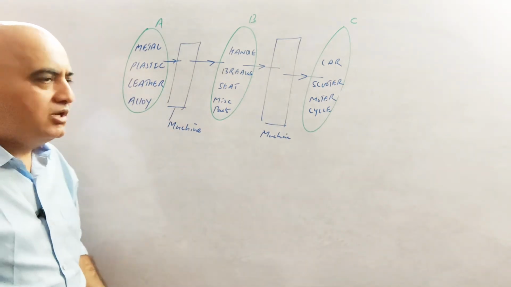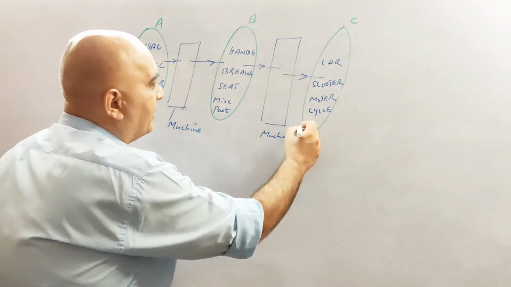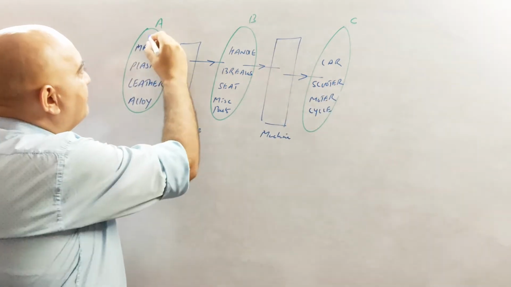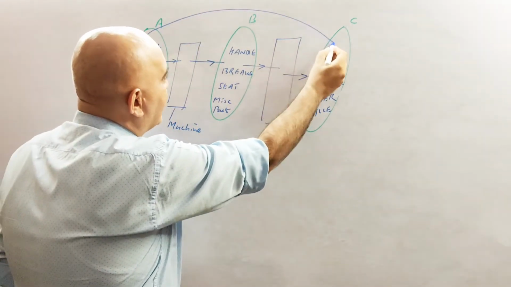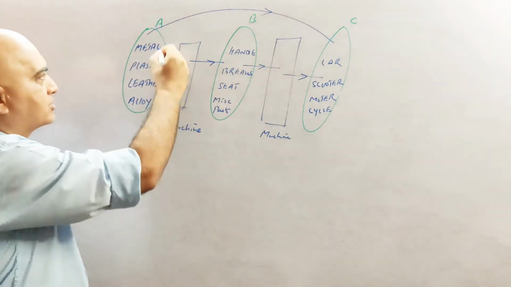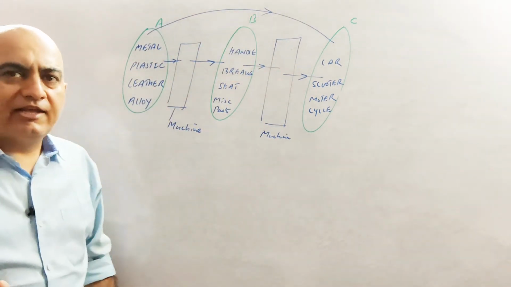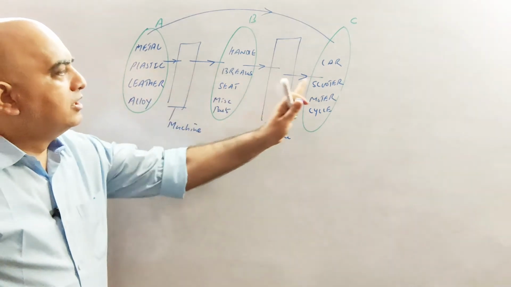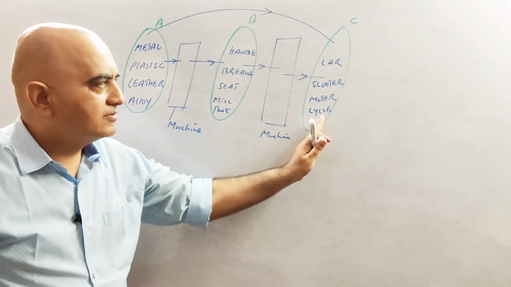So, if we want to manufacture a car, a scooter, or a motorcycle, then we need these inputs: metal, plastic, leather, and alloy.